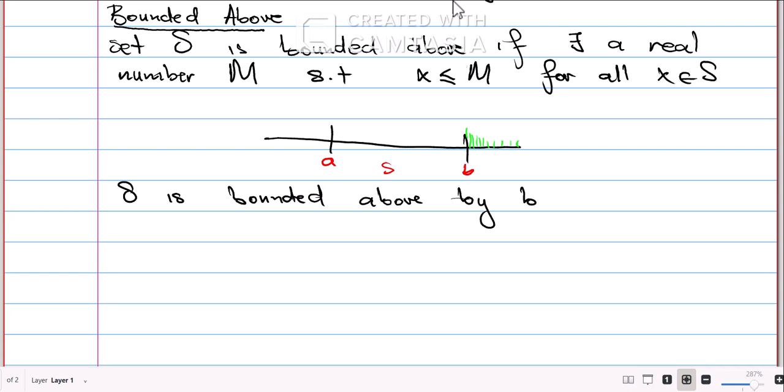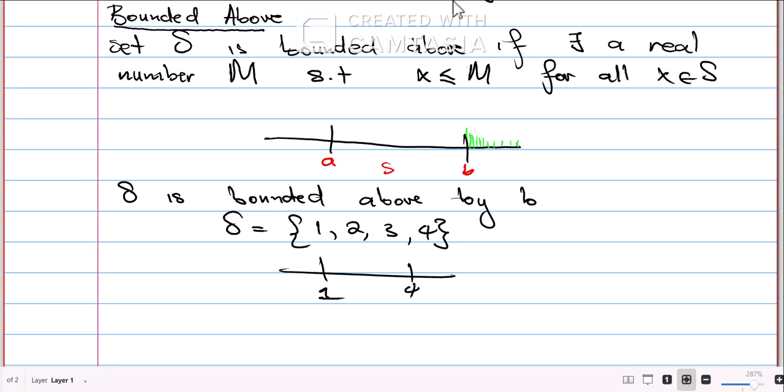Let's also consider the example that I gave above, which is 1, 2, 3, 4. So for this one, the upper bound here is 4.